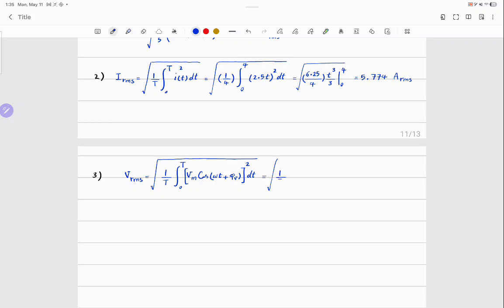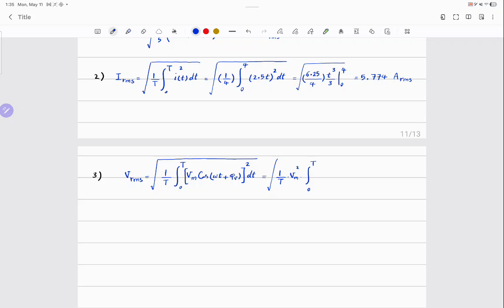So I have 1 over T. Can I take Vm out of the integral? Vm squared, yes. And then the integral is from 0 to T. It's going to be the integral of cosine squared, right?